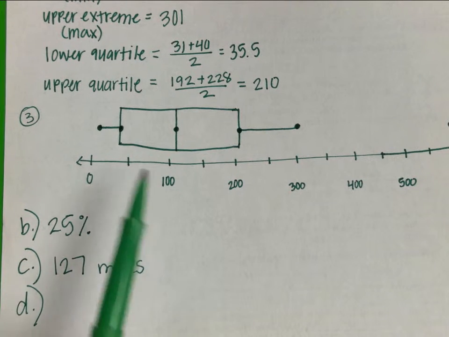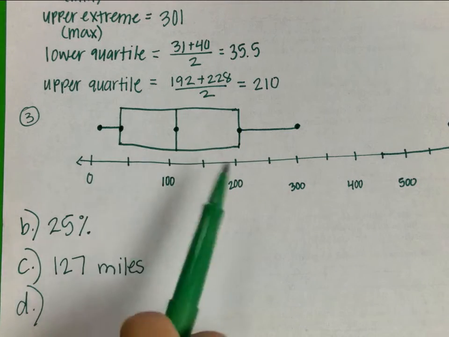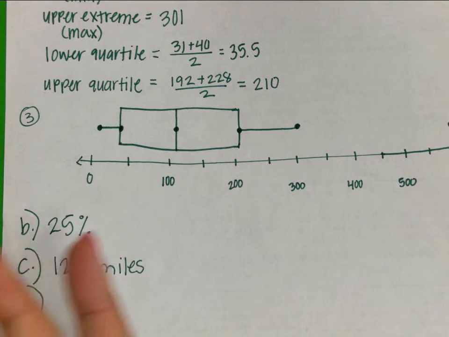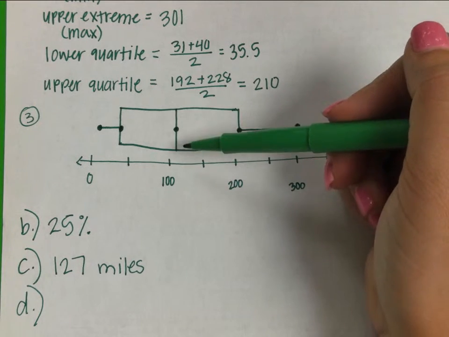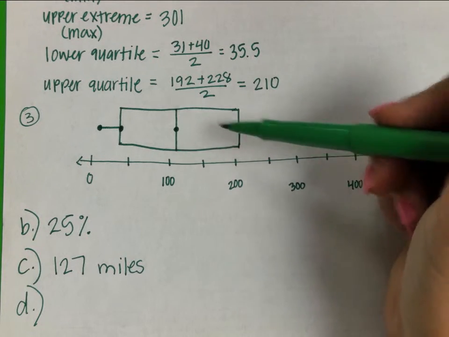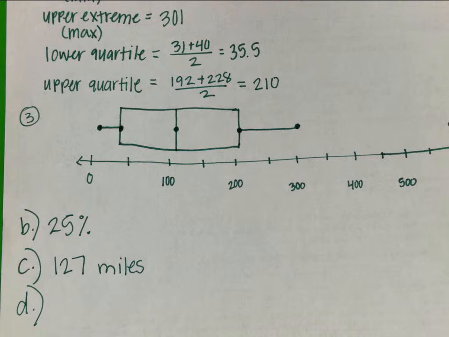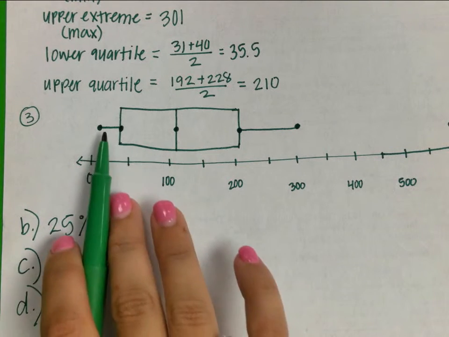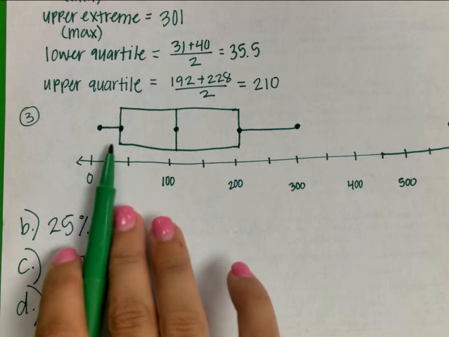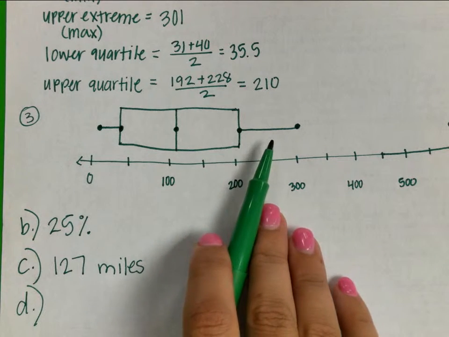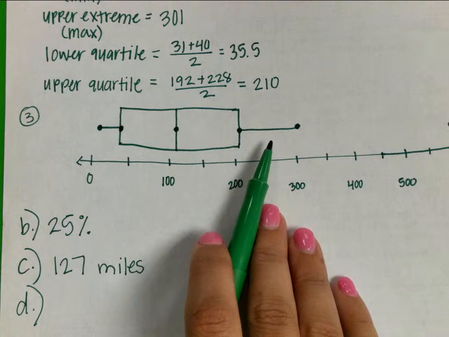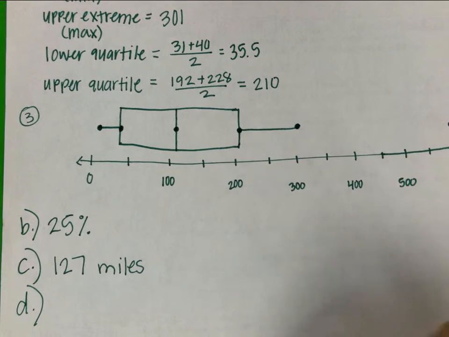So if you look at the actual box of it, does anything look different about it? My middle line's kind of somewhat in the middle of that box, right? So it looks kind of like a normal box that's divided in two. But what if you look at your upper and lower quartile? This one's short and this one's kind of long, right?